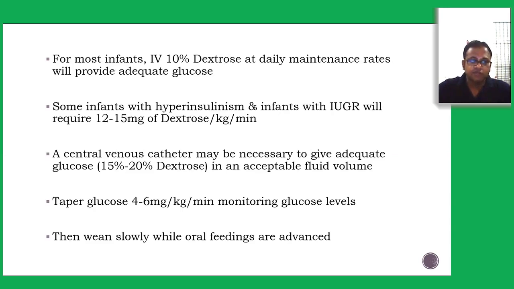But some infants with hyperinsulinism, or infants with IUGR, might require higher dextrose percentages. If you're giving higher percentages, you have to use a central catheter like an umbilical venous catheter, and then you can gradually taper it off while monitoring the glucose levels. Then slowly you can wean while increasing the oral feeds.